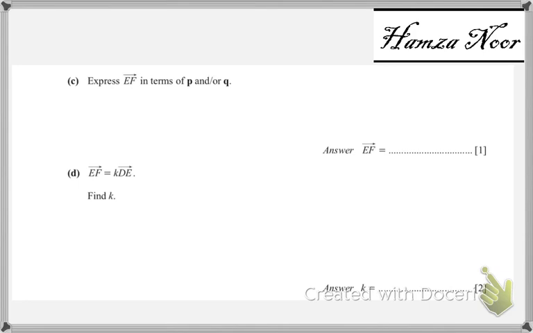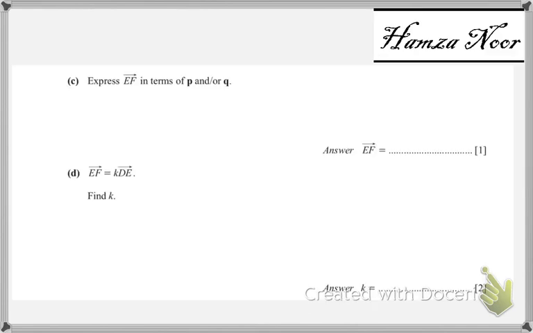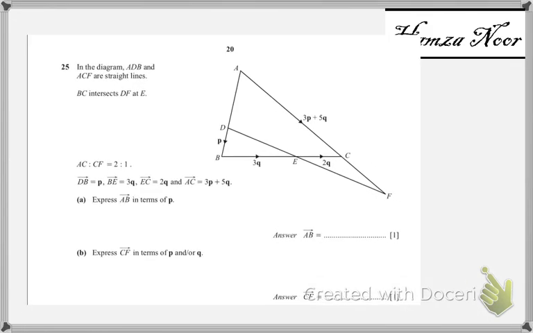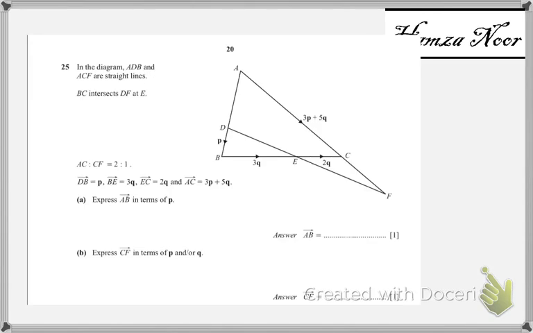So part C is asking: express EF in terms of P and or Q. Basically our answer to part B was 1 over 2 times 3p plus 5q, and part A's answer was 3p. So what is EF? Now coming back to the question again. Sorry, I just removed it. Here it is. Express EF, it is right here.